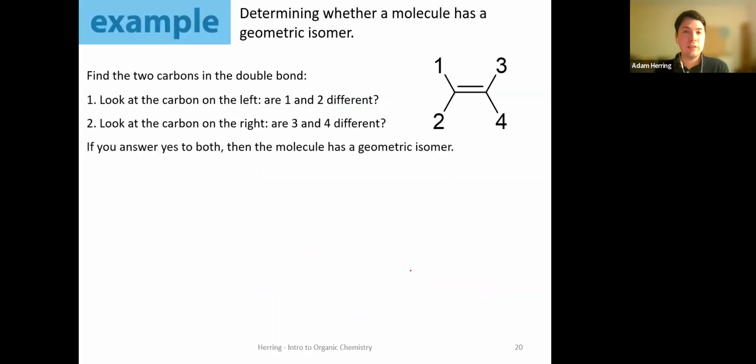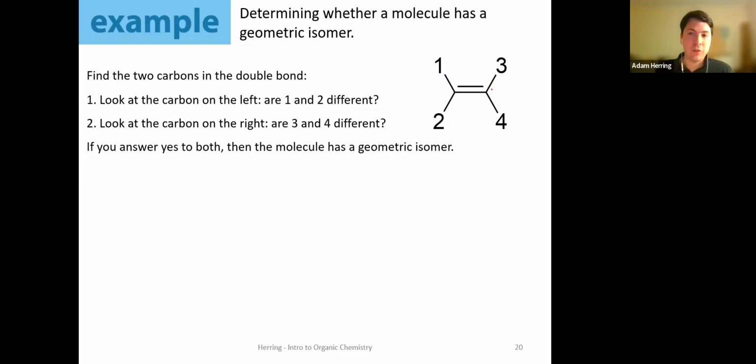And there's a really simple way to determine whether or not a molecule has a geometric isomer. The first thing that you do is you identify the 2 carbons in the double bond. You look at the carbon on the left and you ask, are the groups attached to this carbon different from each other? So in this case, whatever atom 1 and atom 2 are, are they different or are they the same?